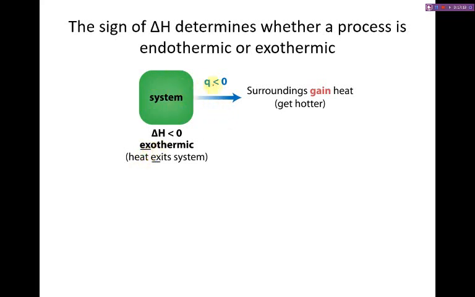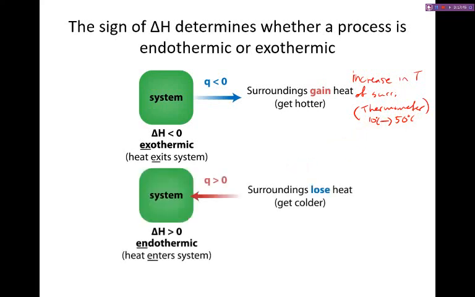If we have our system and it's giving off heat, the surroundings gain heat, they get hotter, we see an increase in temperature of the surroundings. Or if we have a thermometer, it might go from, let's say, 10 to 50 degrees Celsius.